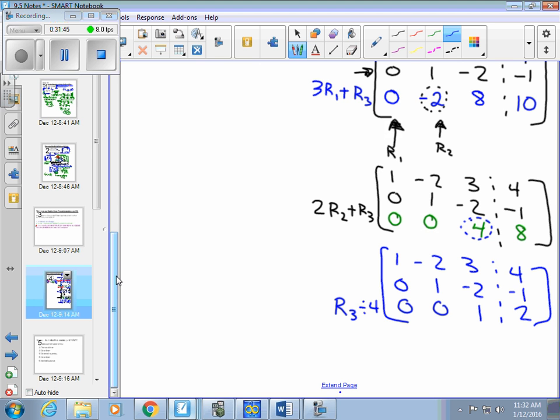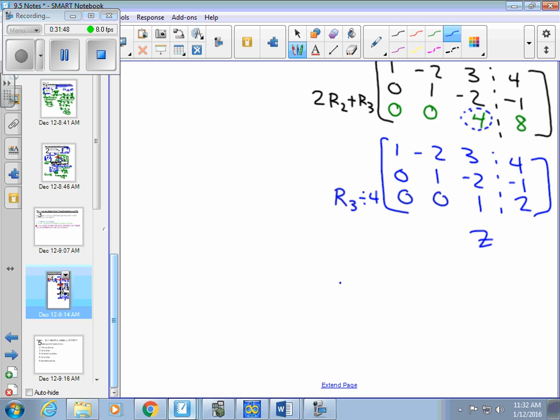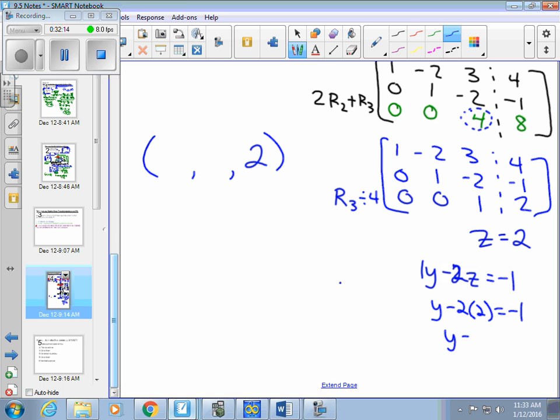This tells us now at the end that z equals 2. In my ordered triple, my z value is 2. And now you're going to back substitute. The second line tells us I have 1y minus 2z equals negative 1. Plugging my 2 in, I get y minus 2 times 2 equals negative 1. y minus 4 is negative 1, so y is 3.